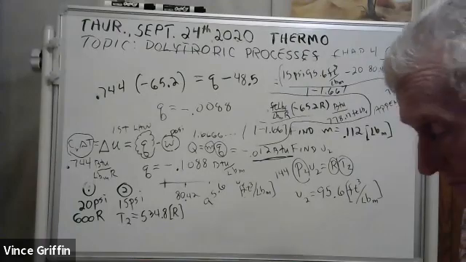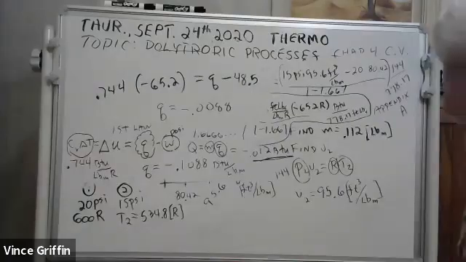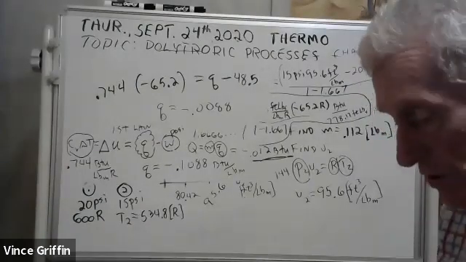Anybody else? Mr. Griffin. Yes. So I was using a different work equation. I was not using the small w, I used the big W. And the formula I was using gave me work of 5.43 BTU. What different work equation was it that you used?